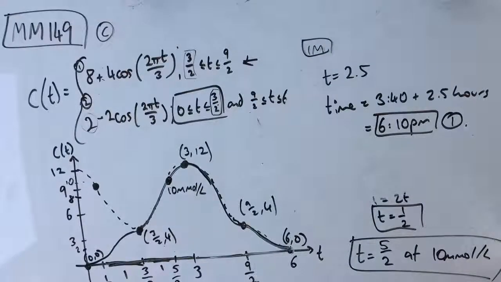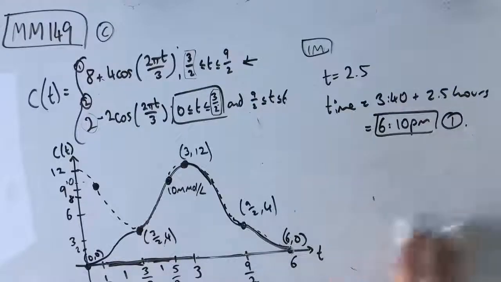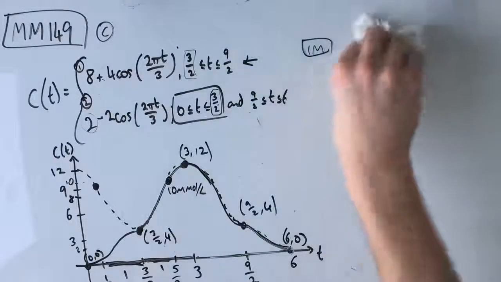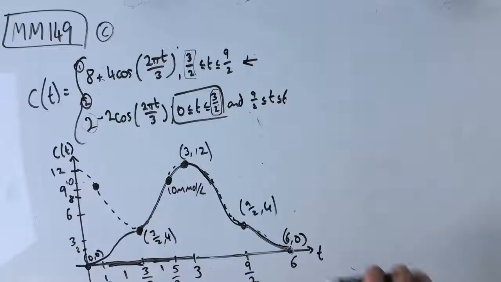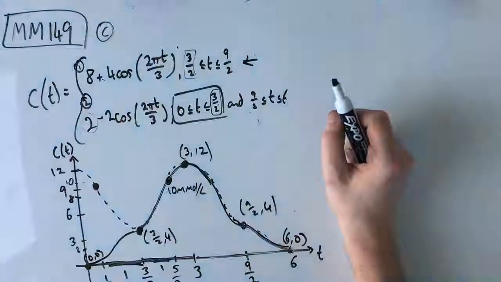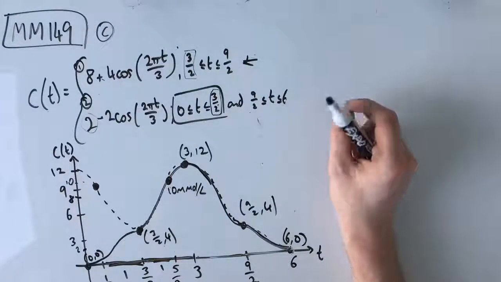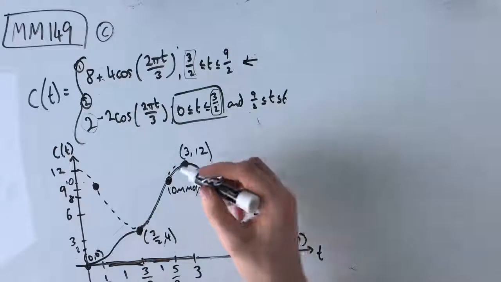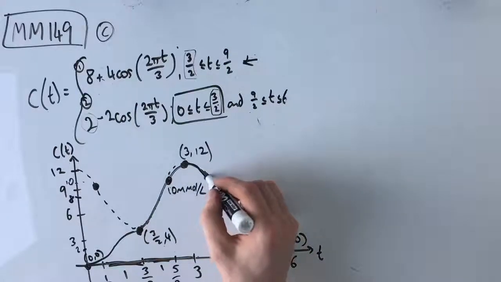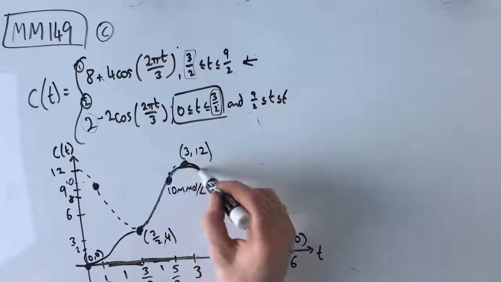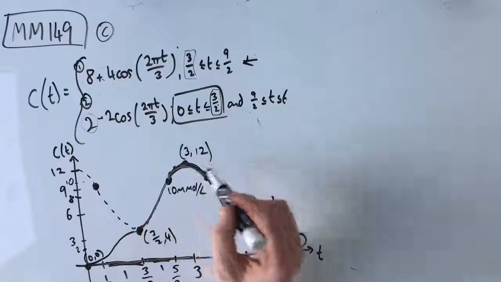During this whole unfortunate event, what is the total length of time for which Queensland is at risk of having a heart attack? Awesome. So he's at risk of having a heart attack above 10 millimoles per litre, right? So this whole section here, okay?